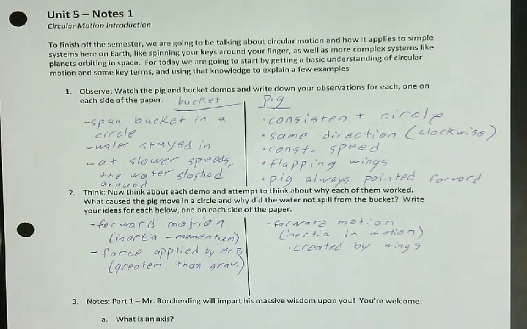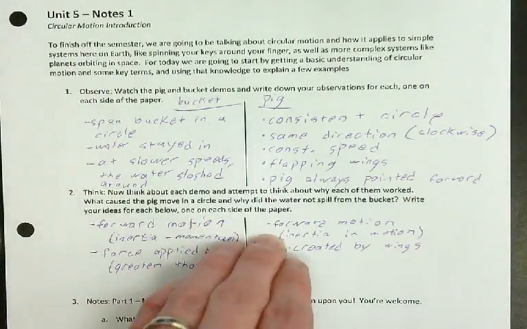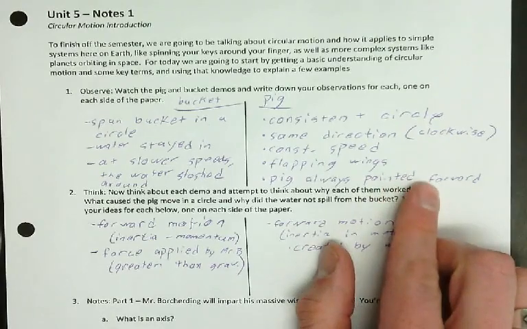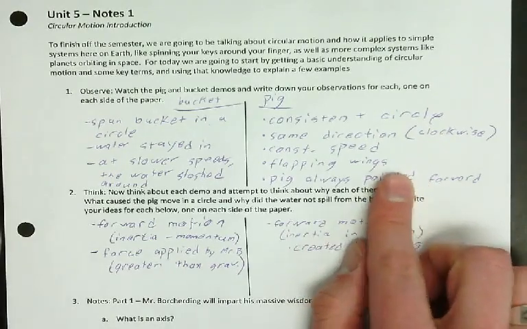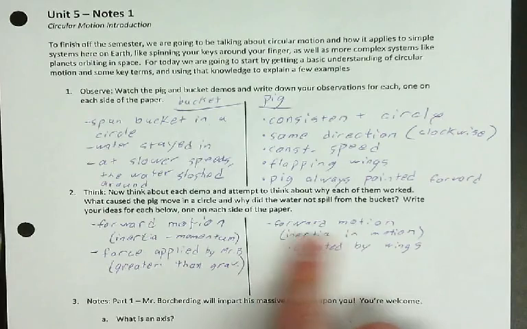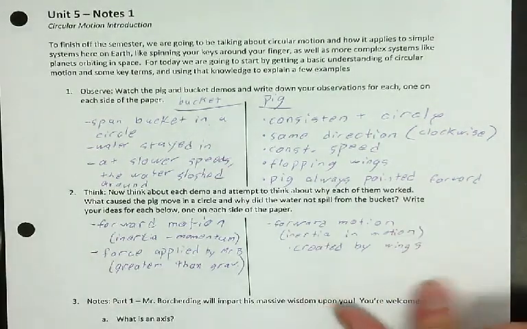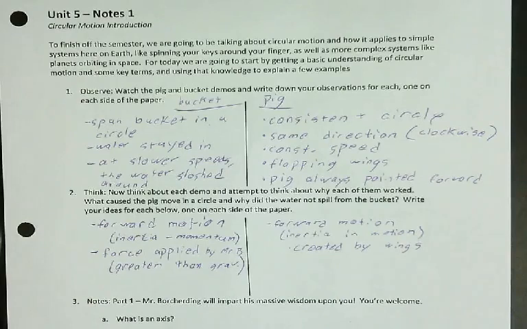Okay, so we know that the pig is going forward, right? It was always pointing forward. Its wings were pushing it forward. So the question is, if it didn't go forward, because it didn't, it went in a circle, then why does it go in a circle?